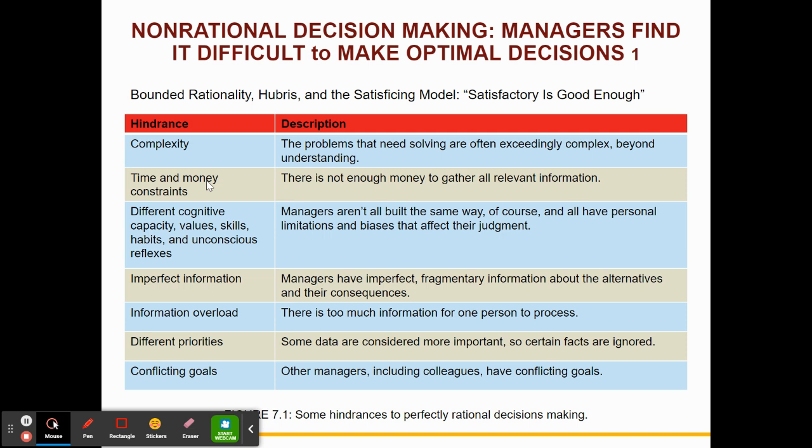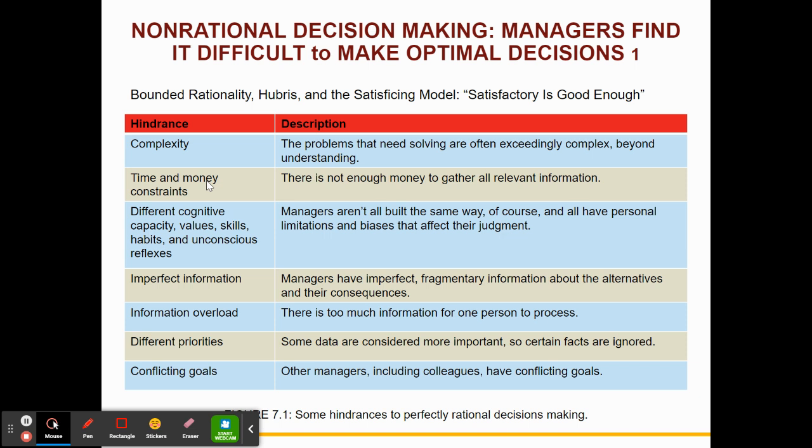Thinking about it for a second, well, we have this rational model, and this rational model is excellent, right? It would be easy to just simply take a look at all the data, make the decisions that are best for the company. However, we don't always have that luxury. So ultimately, a lot of times we have non-rational decision making.